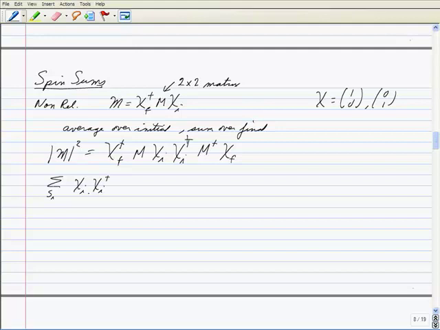So let's carry the vector index along for the moment. A, B, so A is either the top or the bottom, in each case. Okay, we can do that explicitly.